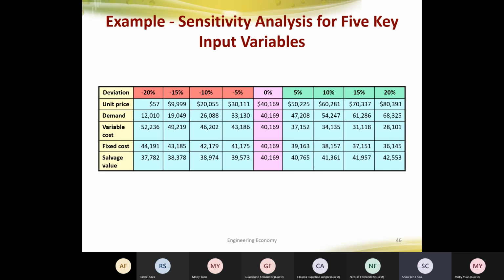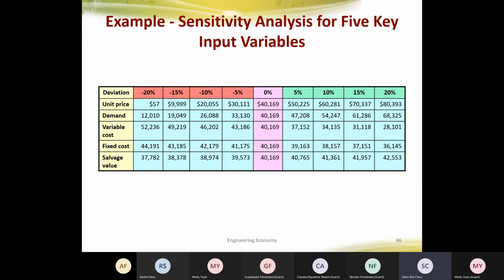And if you look at variable cost, if the cost is lower, of course the net present worth will be higher. Even if the cost is 20% higher, I think it's still bearable, because the cost is a lot smaller portion compared with the revenue, right?